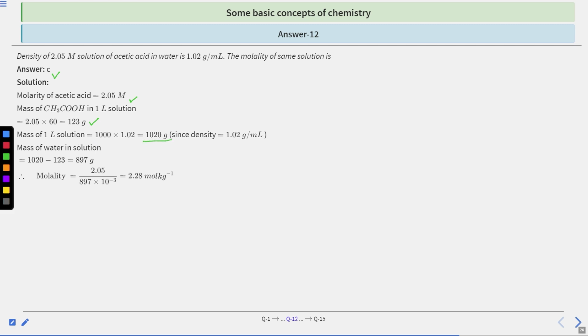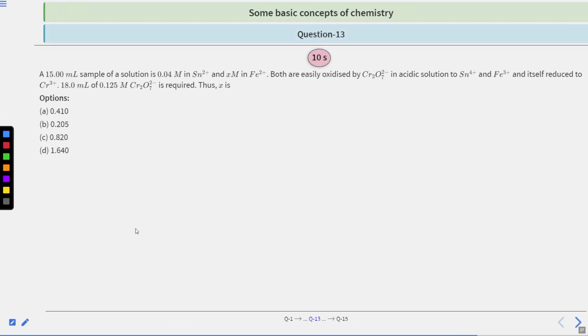It is coming out as 1020 gram. So the mass of water in the solution will be the mass of solution minus the mass of this acetic acid. So it will be 897 gram. Therefore, the molality of the solution will be 2.05 divided by the mass of the water in kg, that is 897 multiplied by 10 to the power minus 3, and it is coming out as 2.28 mole per kg. So this is why option C is the correct answer.